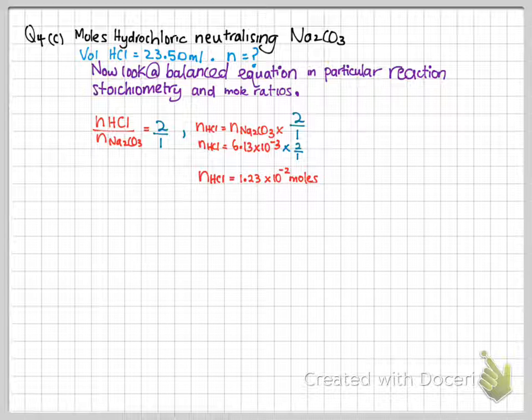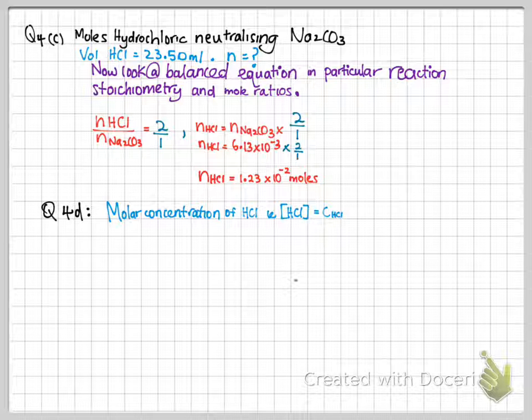Now from the calculation you see that the number of moles of HCl is 1.23 times 10 to the minus 2 moles. Going back to the ratio, you can see from the equation on the previous page that the number of moles of HCl to the number of moles of sodium carbonate is 2/1. The 2 represents the coefficient of hydrochloric acid from the balanced equation, and the 1 represents the coefficient of sodium carbonate from the balanced equation.